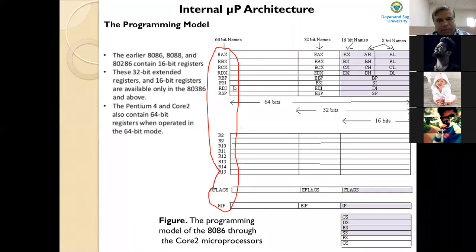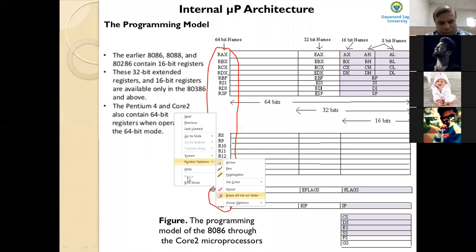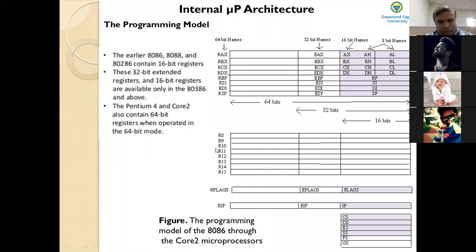Where is RIP? See here, this one. So RIP can be addressable as 64-bit RIP, 32-bit EIP, and 16-bit IP.